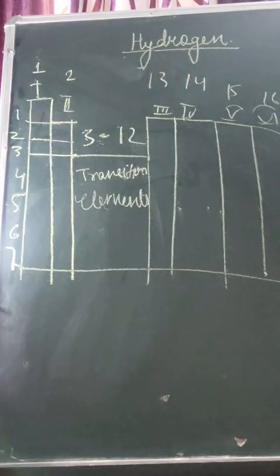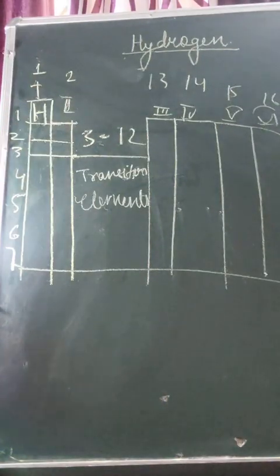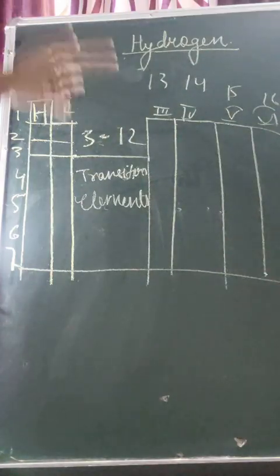This is the pattern. So hydrogen is present in the first group or first period. But we assume hydrogen in 2 places, which is in the first group as well as in the 17th group.